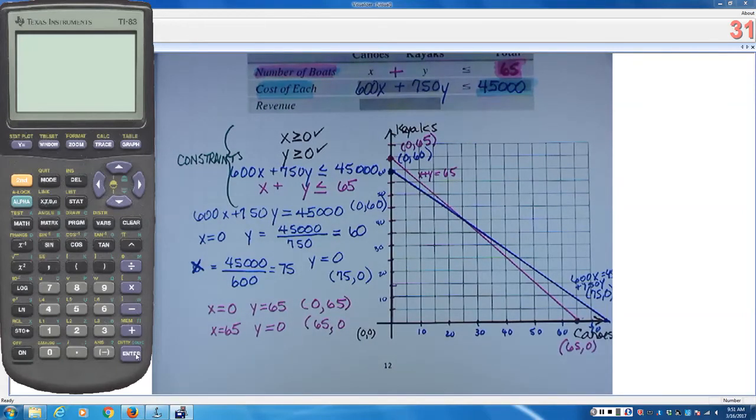So there's my two lines. And then the next thing that I need to do is I need to actually decide what point is going to work.